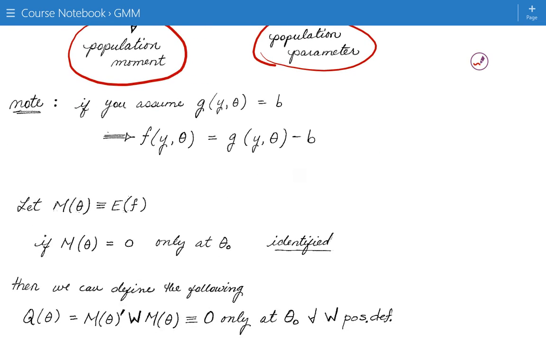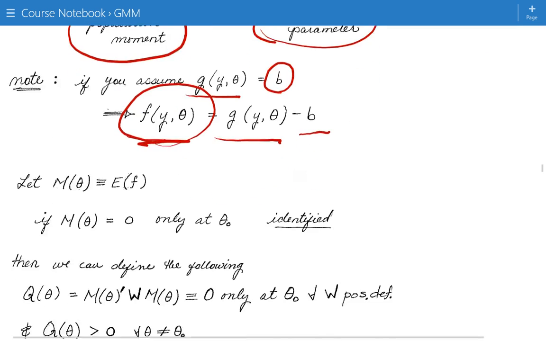If you are thinking about some function g where y is related and that function is equal to some constant b that's not equal to 0, well then f could simply be g minus b.